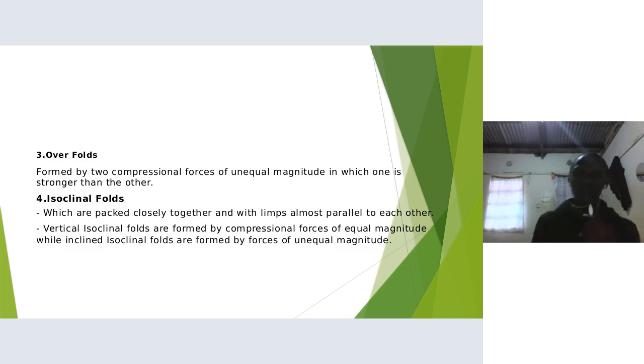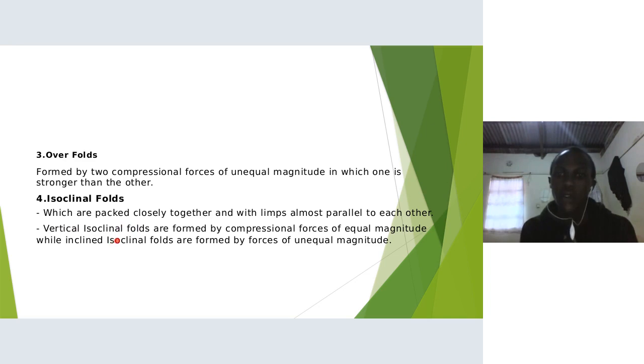And our fourth one, class, is what we call an isoclinal fold, which are packed closely together with limbs almost parallel to each other. There are usually many, not one, packed close together.